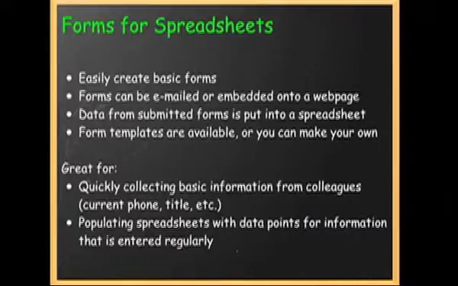It's good for quickly collecting basic information from colleagues, particularly if you need to update some contact information, titles, institutions where all your authors are, things like that. It's very easy to just email it out. It's easier for someone just to fill in the boxes than it is for them to write a whole new email. And remember that you said down here in the bottom, I need your name, I need your address, I need your whatever. It's right there, they fill it in, boom, done.